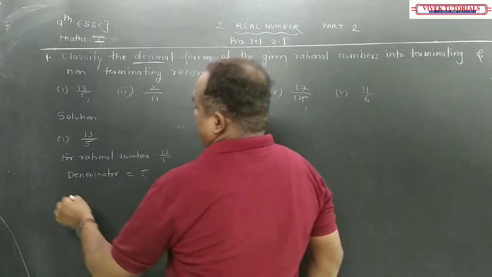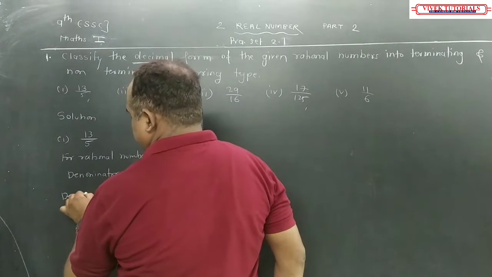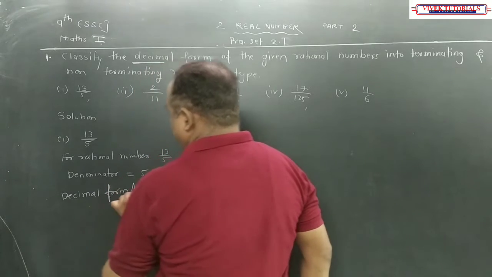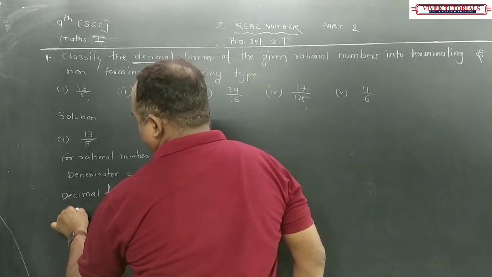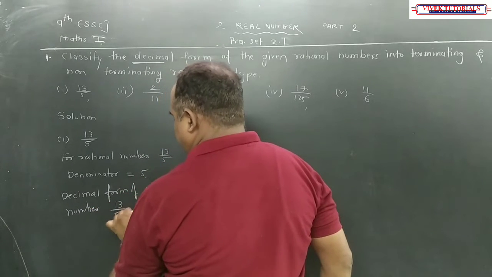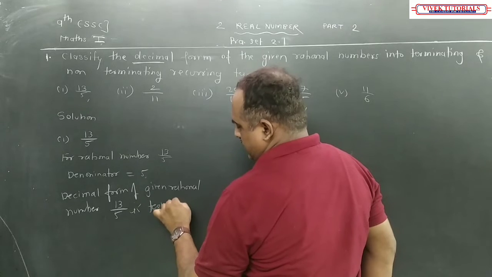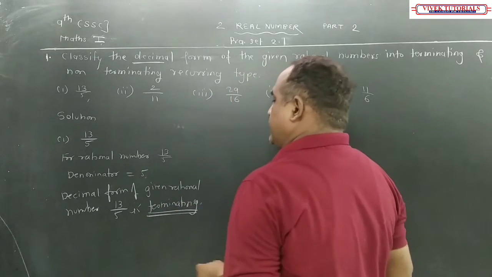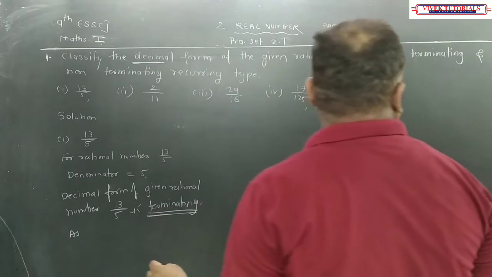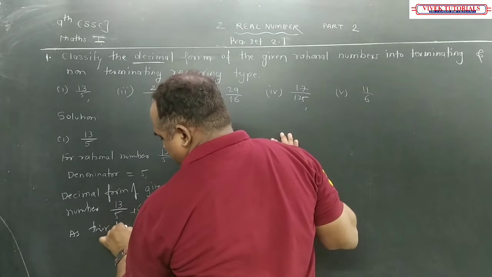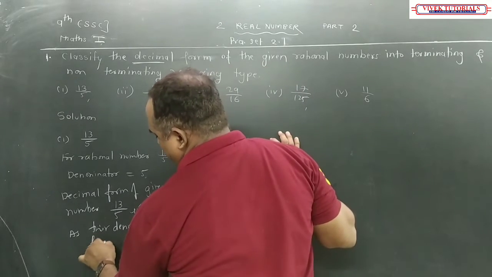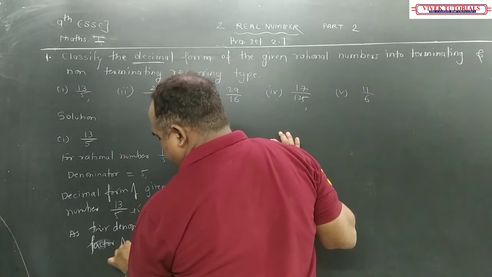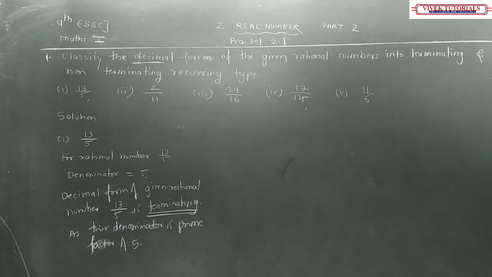Therefore, decimal form of given rational number 13/5 is terminating, and we are going to underline it as their denominator is prime factor of 5. Please copy down it properly.